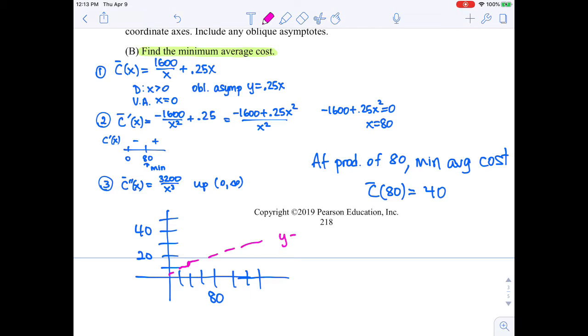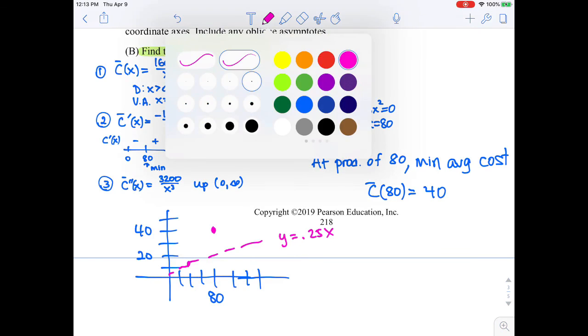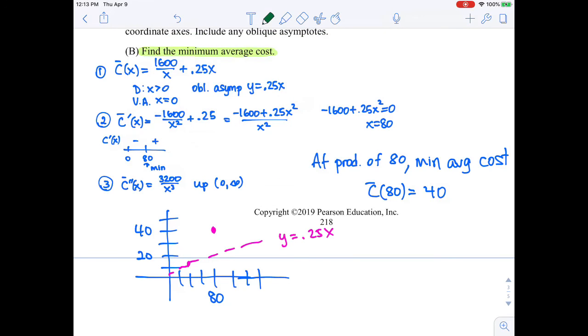This is your oblique asymptote, y equals 0.5x. That on there.